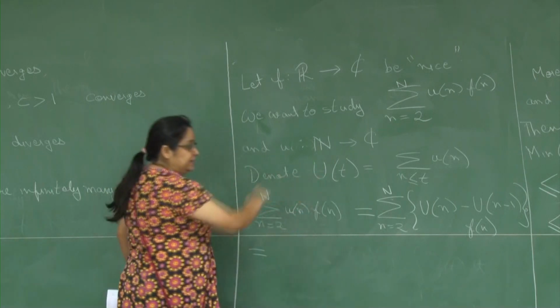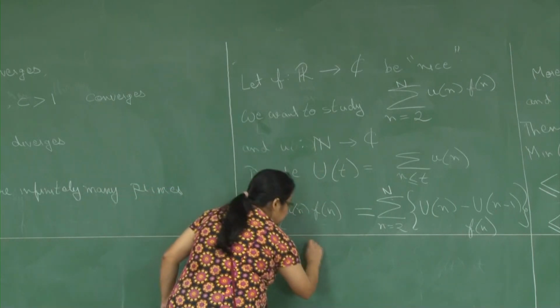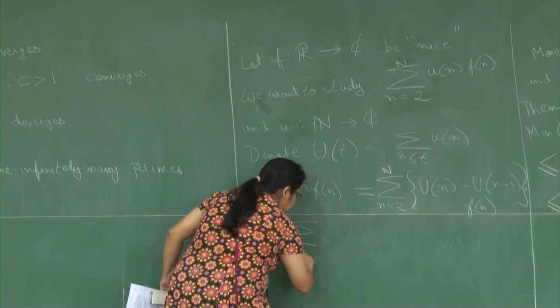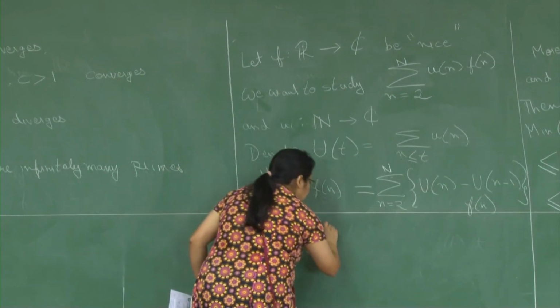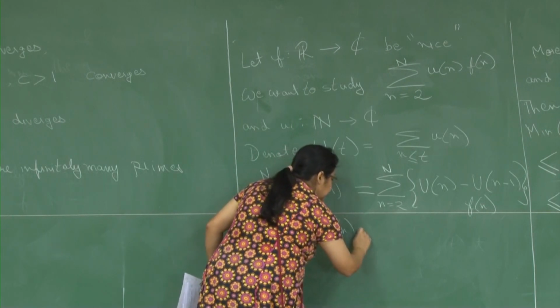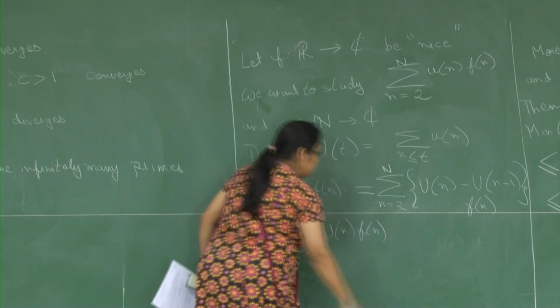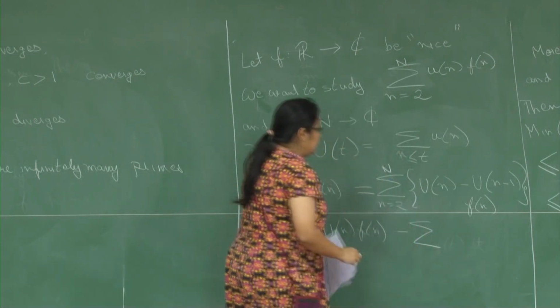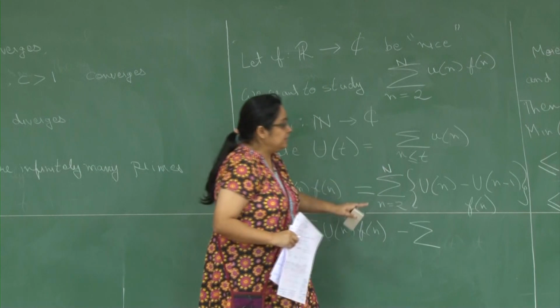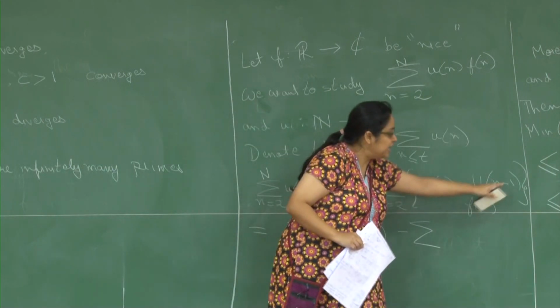Now, we separate these sums out. So, we have n going from 2 to N, capital U of n f of n, minus the sum with n from 2 to capital N, but you have U of n minus 1 and f of n.